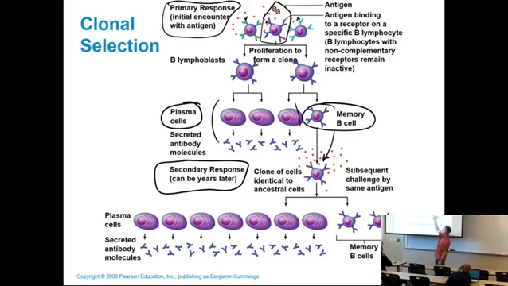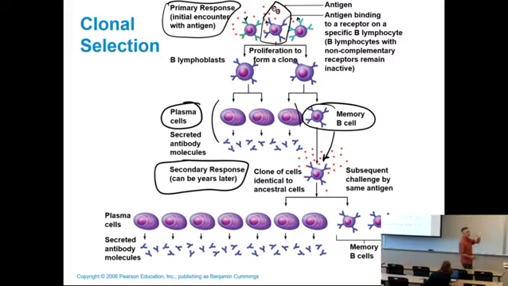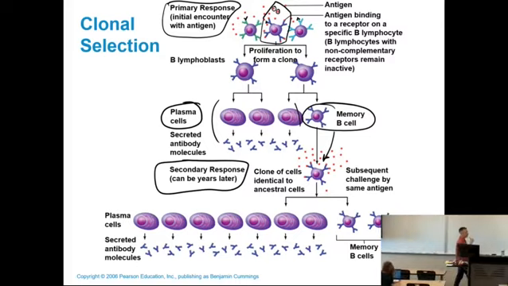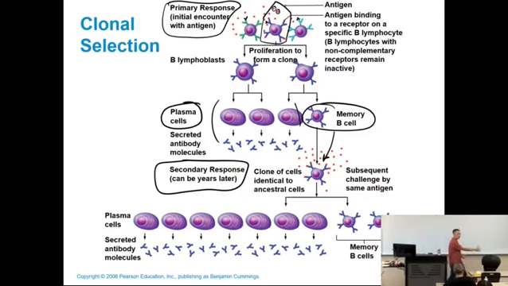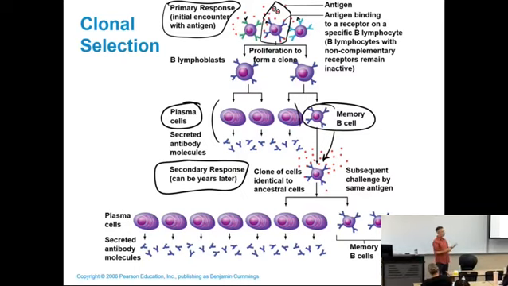We have a number of these memory B cells circulating around, and if they encounter that same pathogen again, they very quickly can produce a new clone army that then starts releasing all of those antibodies again into the fluids. So it's a much faster response and a much more intense response on that second or third or fourth time when you get infected with that particular pathogen again.